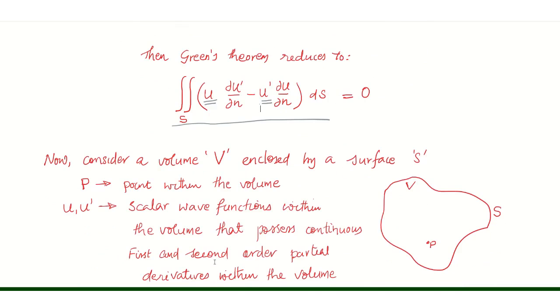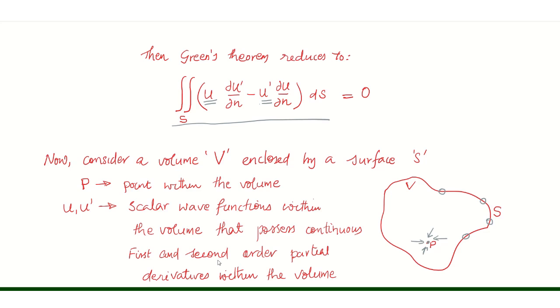Okay. Now you go back to the concept. You need to have a surface around the point P, and the contributions of the waves at the point P are from secondary sources situated around the surface. Here we have chosen a very arbitrary surface.